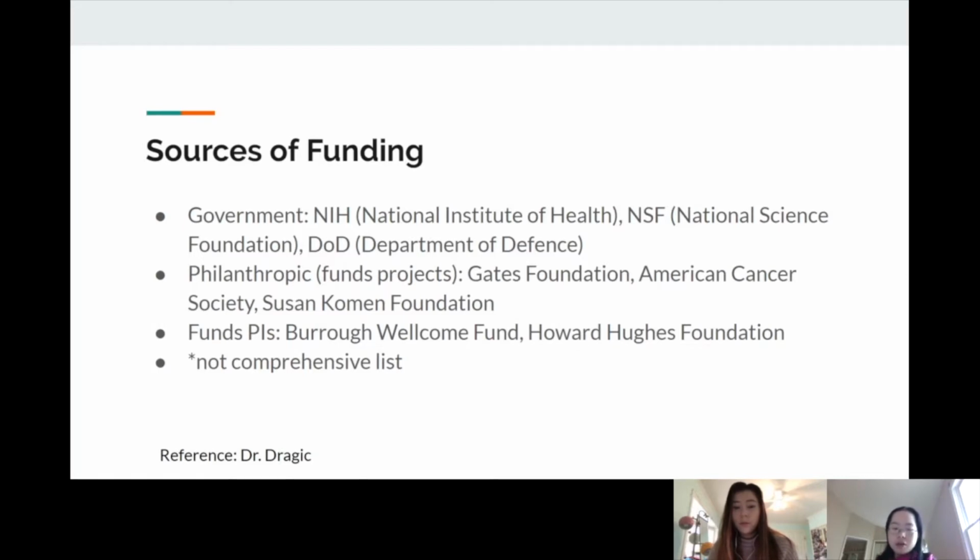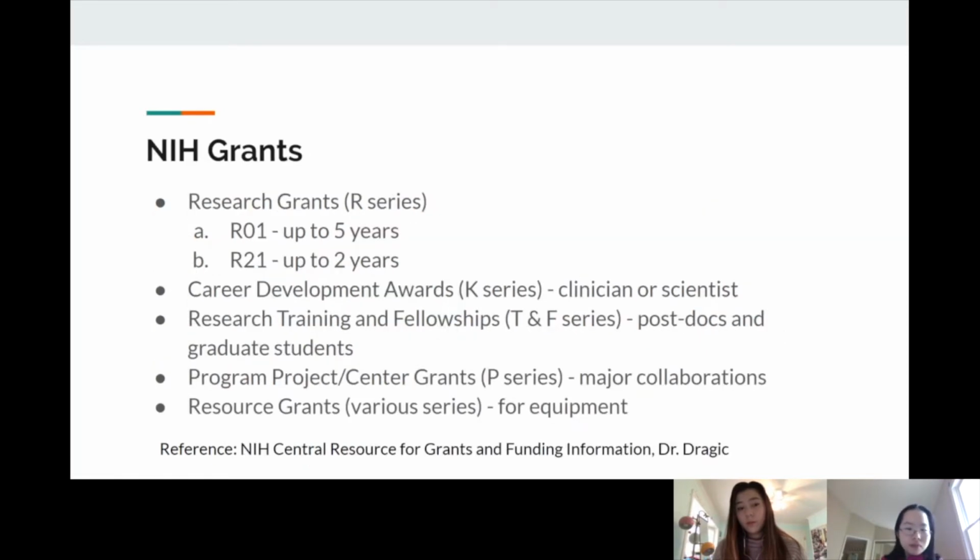But the philanthropic sources that fund projects are Gates Foundation, American Cancer Society, and Susan Komen Foundation. And the sources of funding that fund PIs, principal investigators, or the heads or leaders of research labs, are the Burroughs Wellcome Fund and the Howard Hughes Foundation. So this is just a taste of the different sources of funding, and by no means is a comprehensive list.